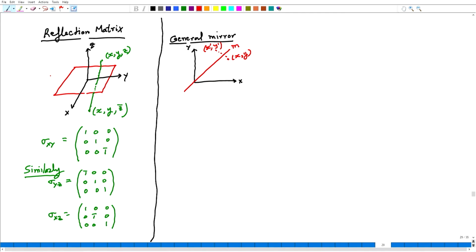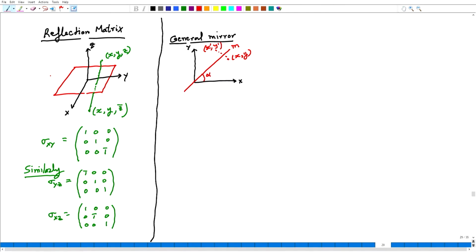A general mirror can be obtained in the following way, just like for the general axis in the last lecture, where we obtained the matrix operation. Let us say the angle this mirror makes with the x axis is alpha.